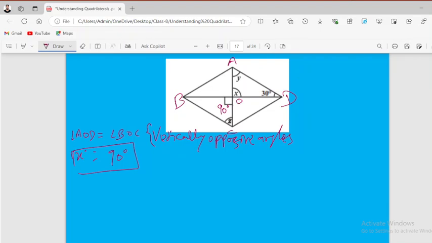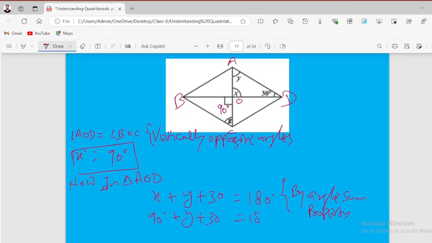Now in triangle AOD, x plus y plus 30 degrees is equal to 180 degrees by the angle sum property. For the value of x, 90 and 30 is 120.